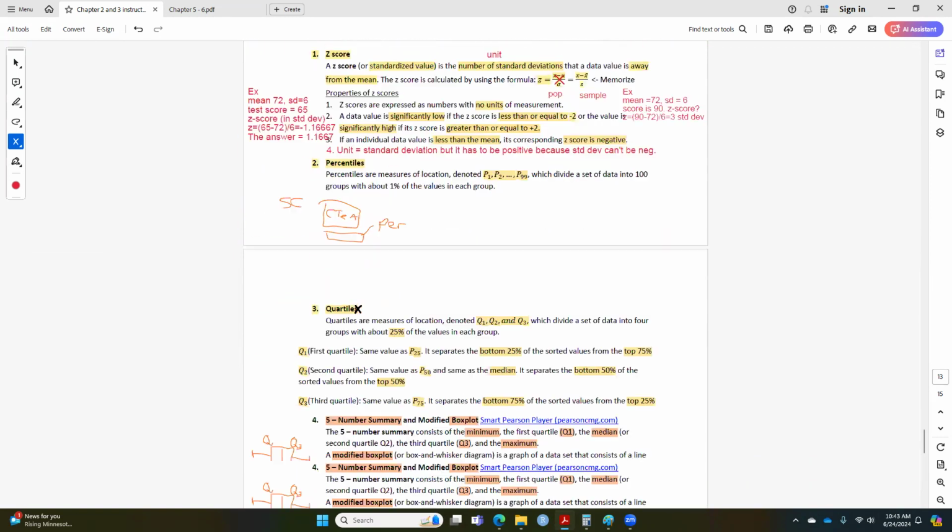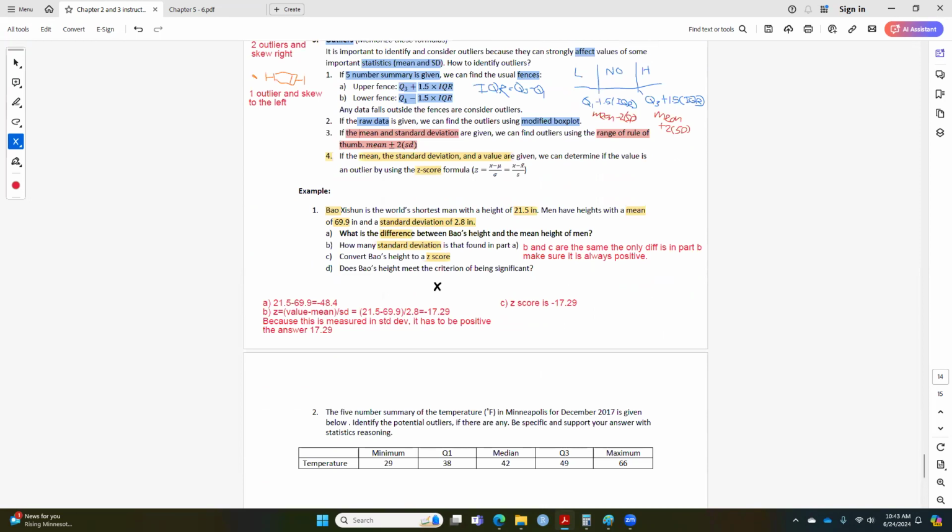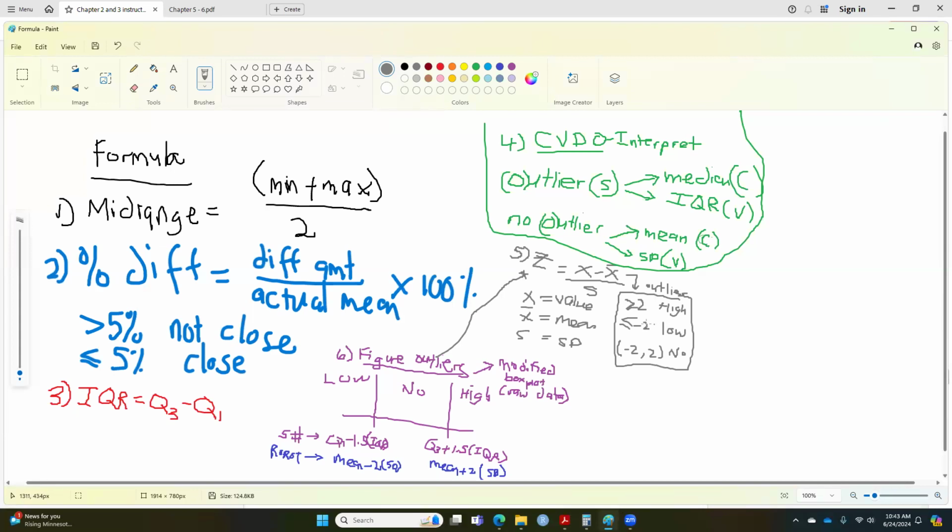So the question is asking, is his height significant? Yes. If you remember what we just did in the formula here, anything that is below negative 2 is considered significantly low. And his z-score is negative 17.29.